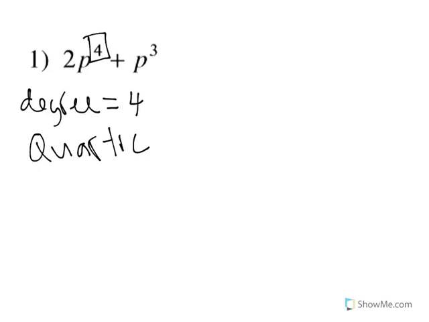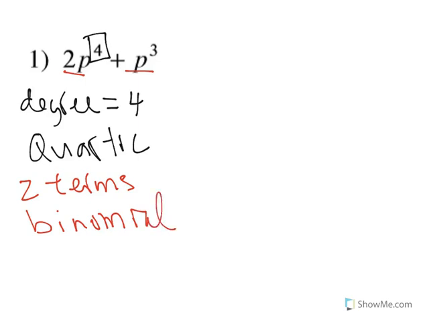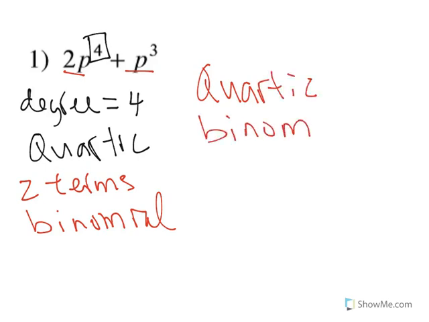And then here we have 2 terms, right? So we have a two term, so it's a binomial. Okay, so then the name for this expression is a quartic binomial.